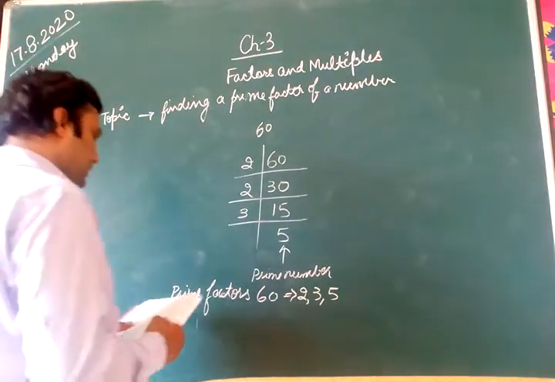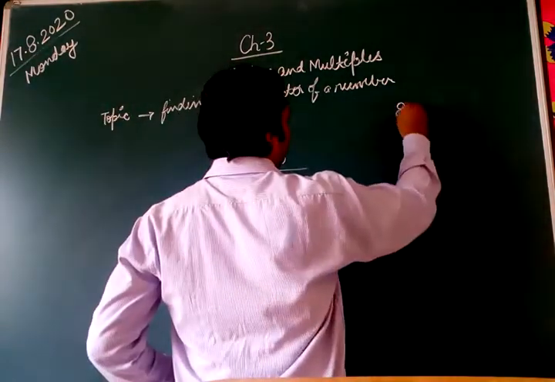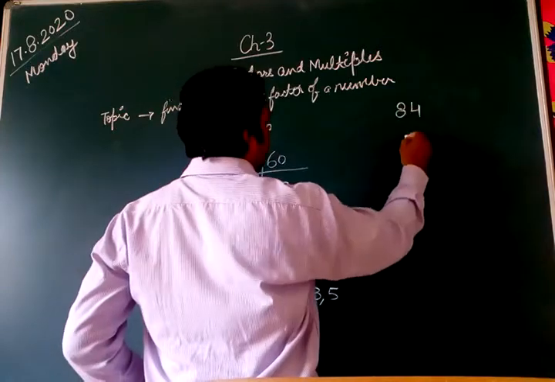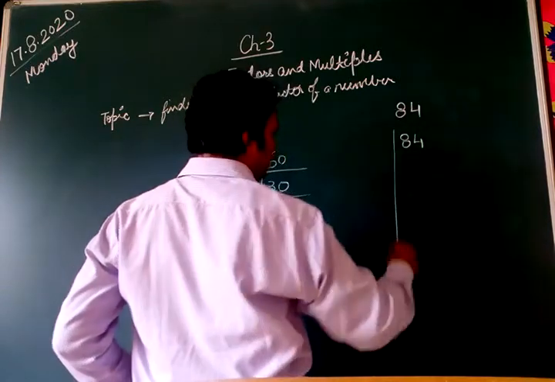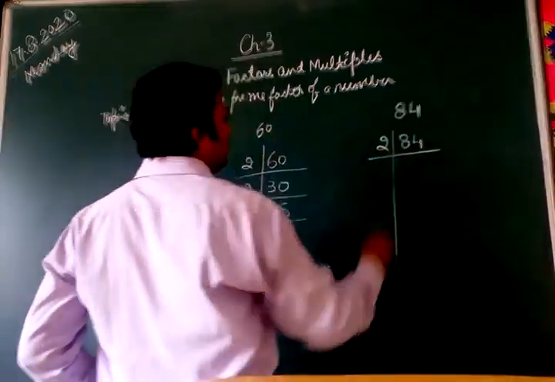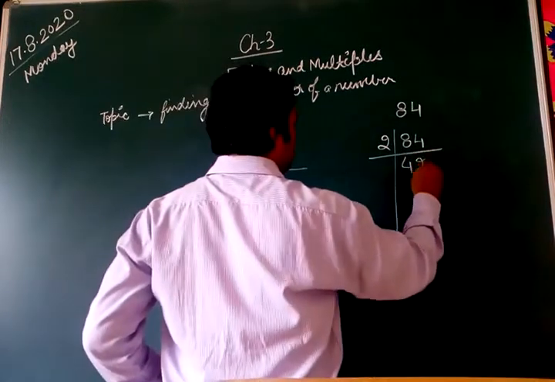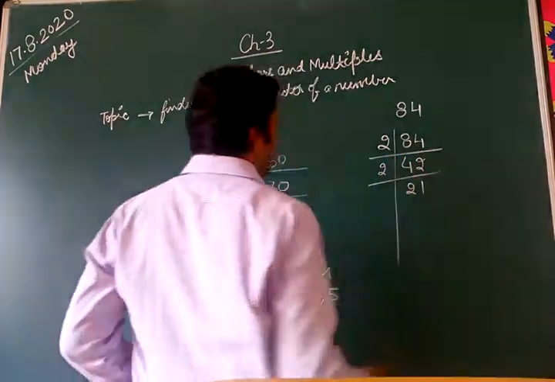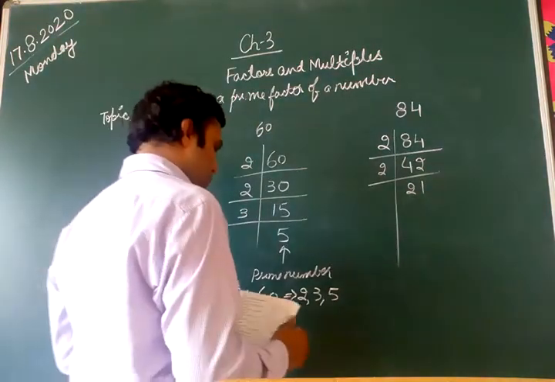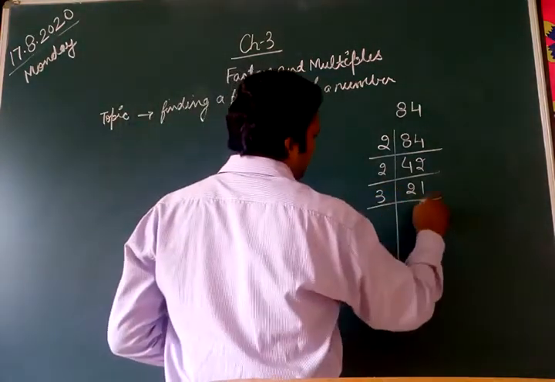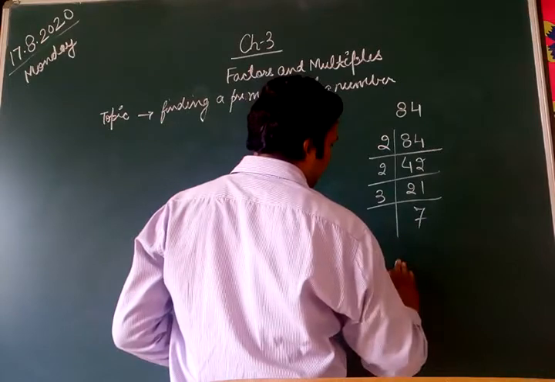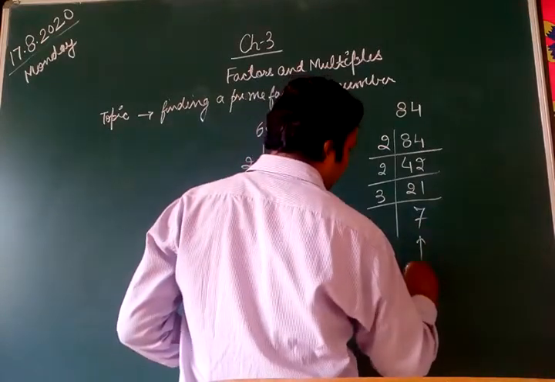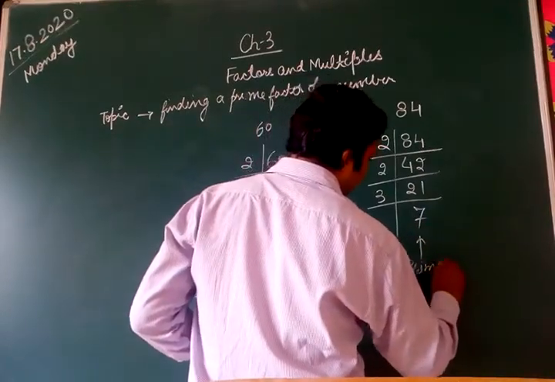Now we will take another example, 84. 2 divides 84, we get 42. 2 divides 42, we get 21. 3 divides 21, we get 7. 7 is a prime number.